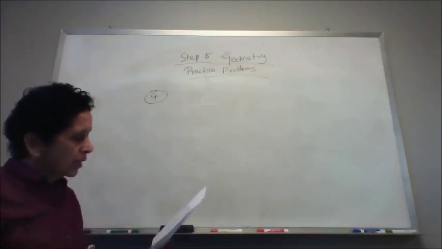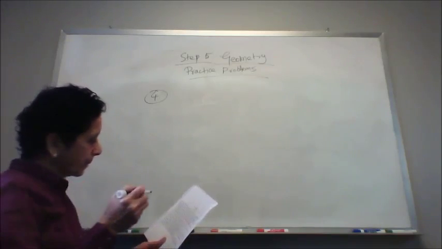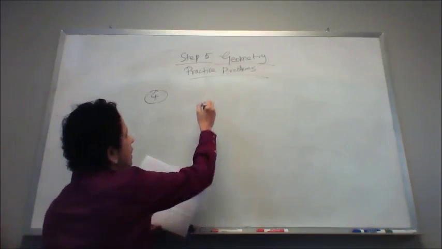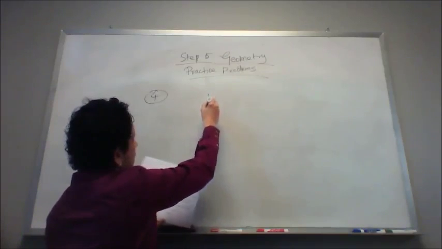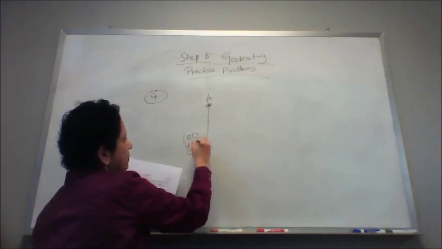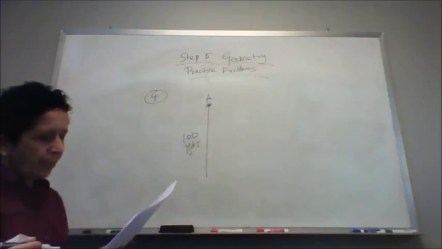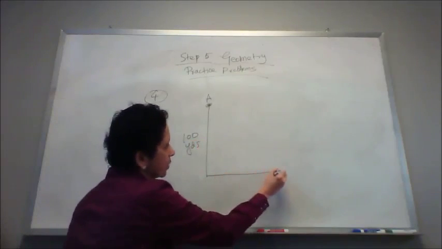Okay, so the starting point is A, so he's starting here, and then due south, going south means down 100 yards, he's going down, okay? And then he walked due east 50 yards. Due east means he's going right.